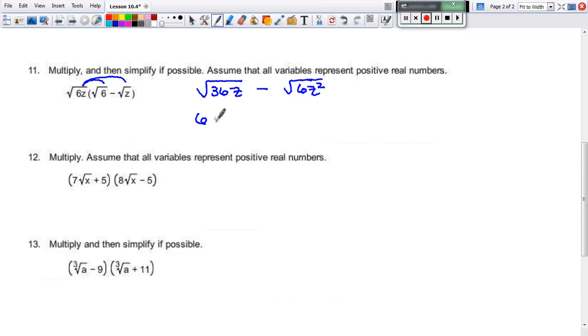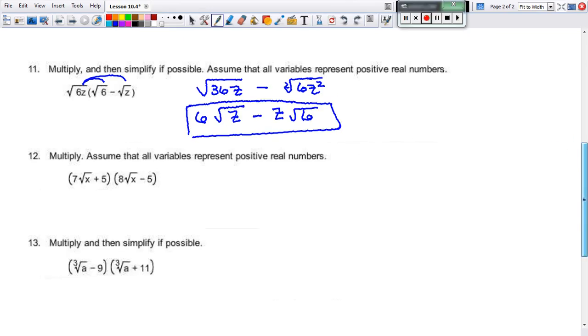Can't do anything with the z, so you leave it under the radical. So 6 times the square root of z minus, okay, this, the square root of 6, I can't take the 6 out, but I can take the z out because 2 goes into 2 one time, so I can take one z out. So 6 times the square root of z minus z times the square root of 6 is the answer to that one.